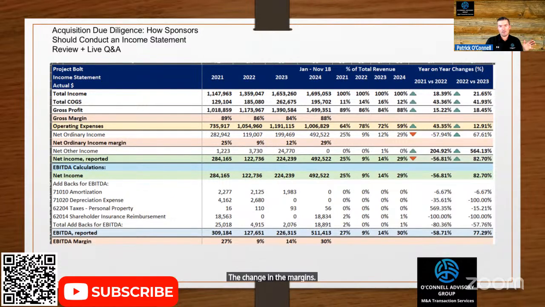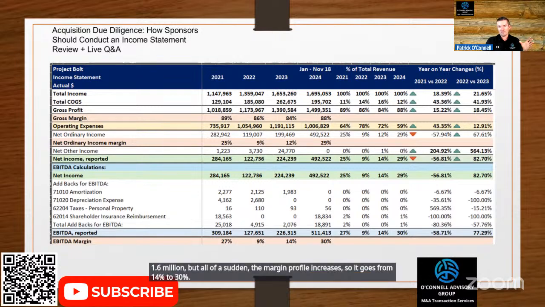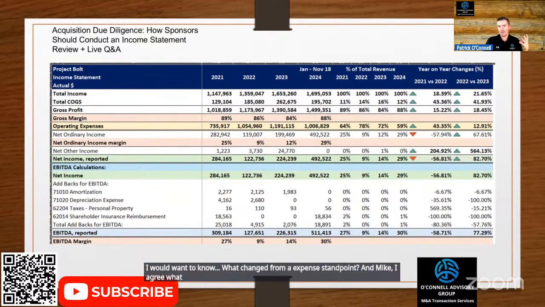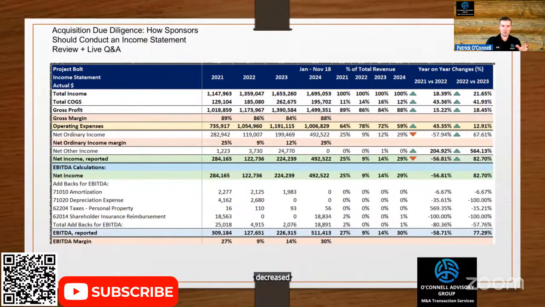When I see a company with similar revenues, 1.6 million, but all of a sudden the margin profile increases from 14% to 30%, I would want to know what changed from an expense standpoint. And Mike, I agree with what you're saying. Why has the cost of goods sold decreased from 23 to 24?